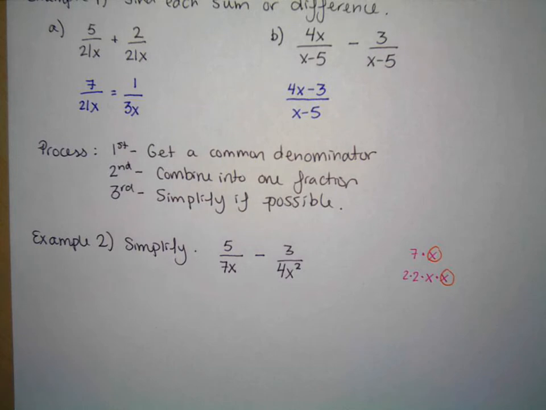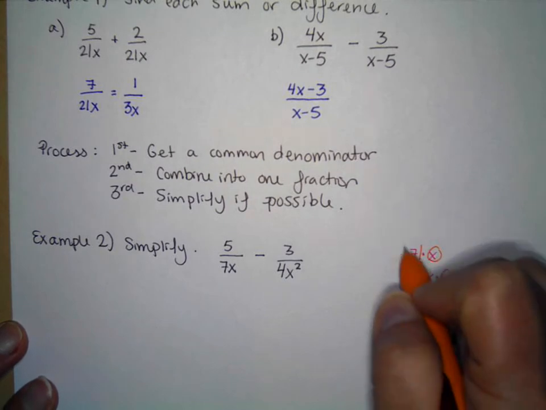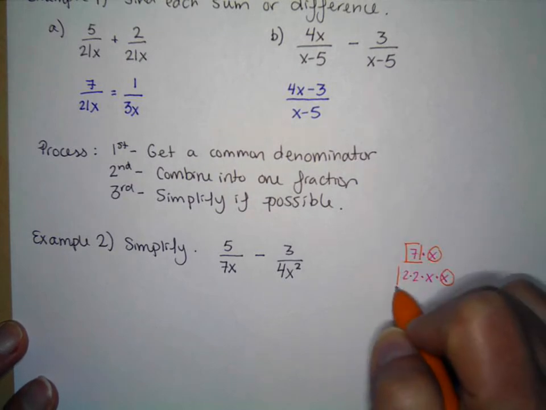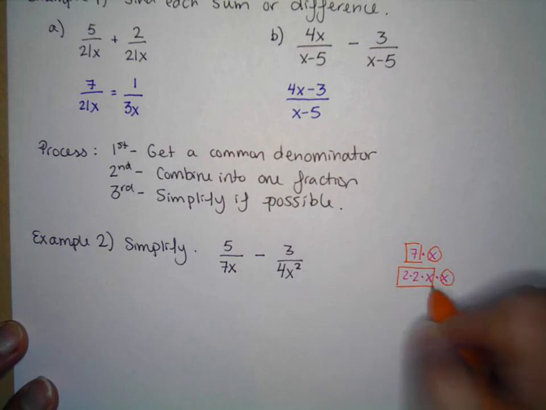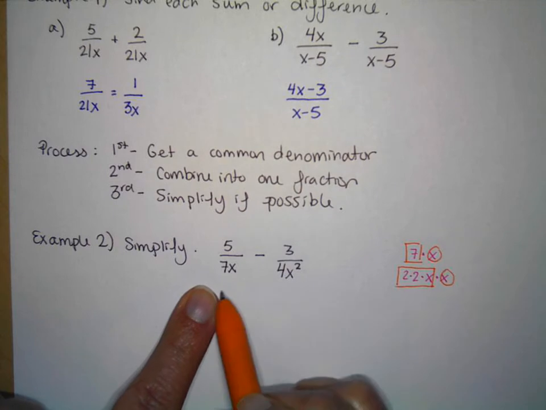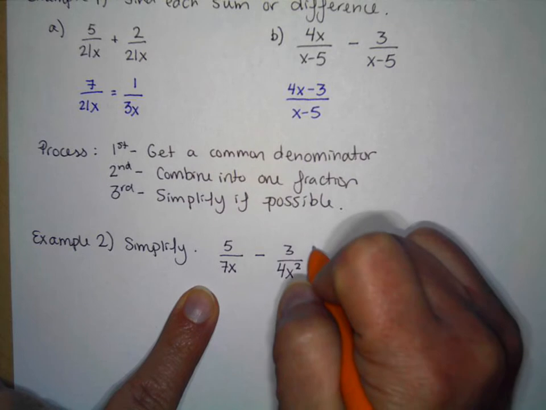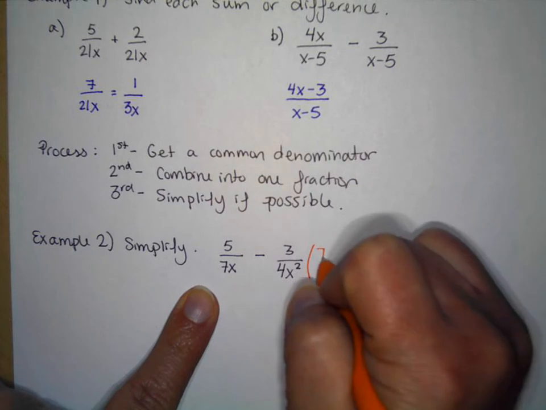What I need to multiply by to get a common denominator is the things that they don't have in common. So here we have a 7, and here we have 2 times 2 times x. So my first denominator has a 7 that this other denominator does not have. So I'm going to multiply the second fraction by 7.